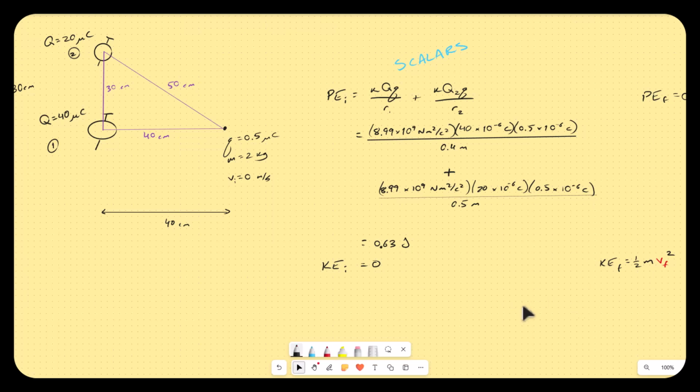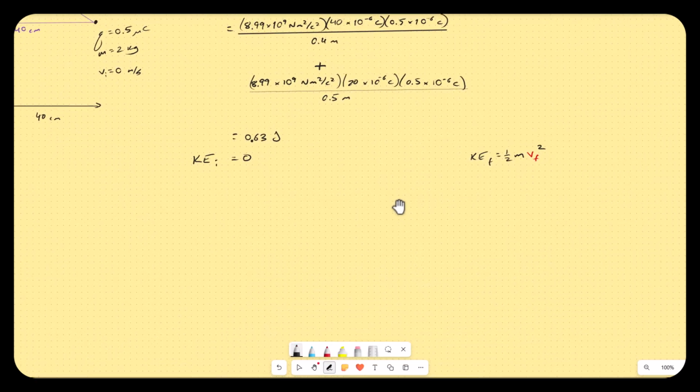But now I've got something that I can solve. 0.63 joules equals a half times my mass, which is 2 kilograms, times V final squared. The 2 and the half even cancel. That was a little bit less intentional, but convenient.